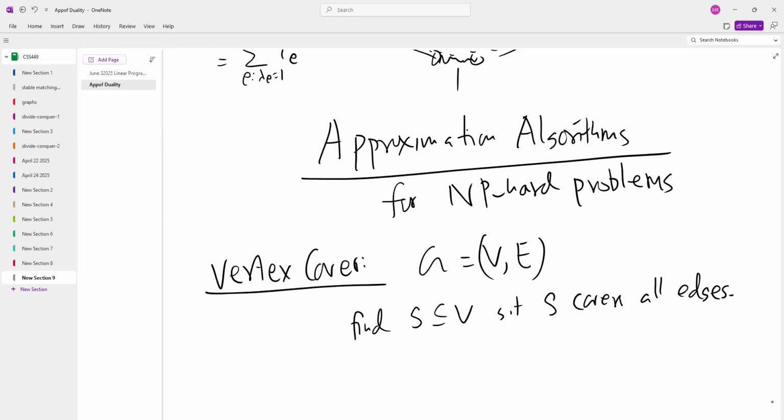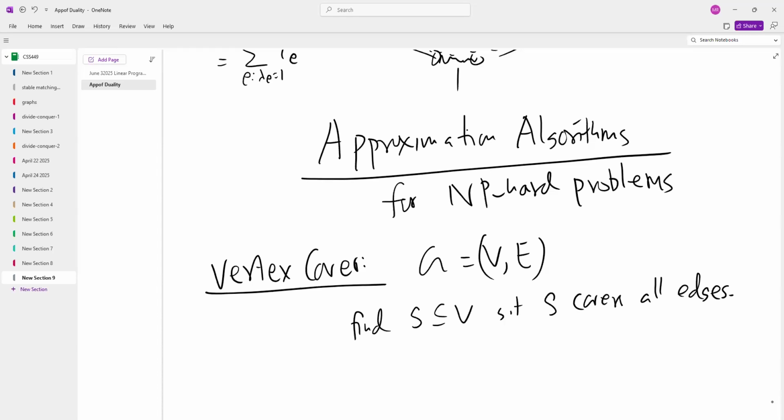And from 1,000 vertices, if you get a cover that is size 6, that's not that bad compared to 3. It's just twice as bad. So that's the idea of an approximation algorithm, that you're going to get a faster algorithm, and there is a bound on how much worse your solution can be compared to the optimal. In this case, for example, the algorithm that you'll see is going to be twice as bad.